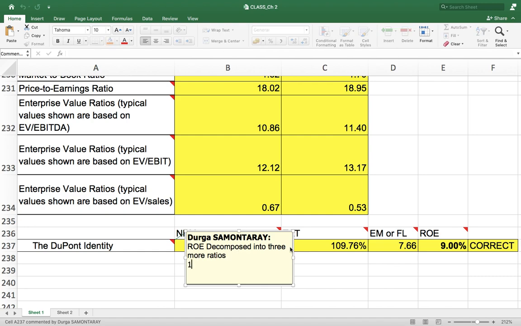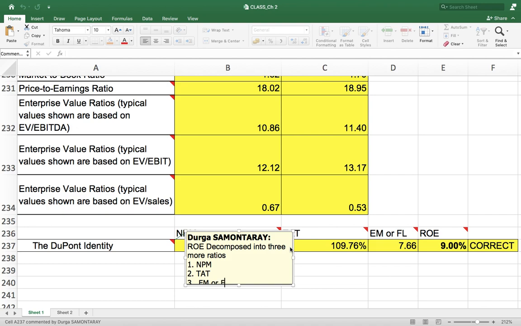One is net profit margin. The second one is total asset turnover. And the third one is equity multiplier, or financial leverage.